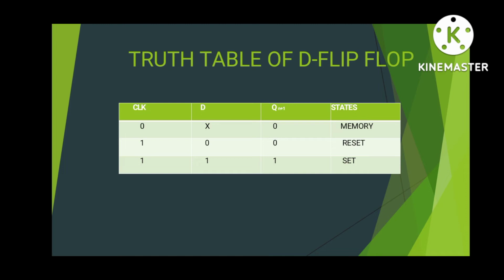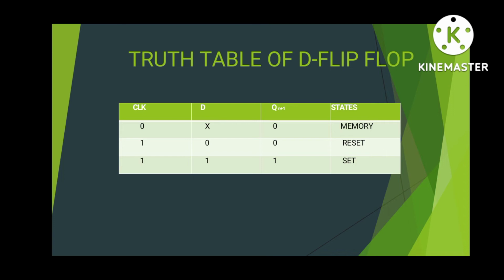Now, when clock equals 1 and input D equals 0, the output is also 0, and this state is known as the reset state.